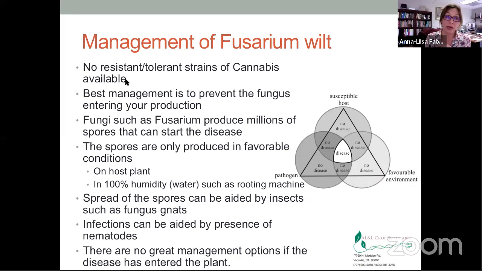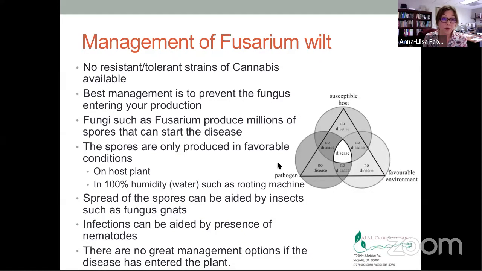But most of the time, when your plants get infected with Fusarium, all you can do is try to prolong the time the plant survives until flowering is done and your crop is harvested, since there are no resistant or tolerant strains of cannabis available for growers. So the best management, again, is to prevent the fungus from entering your production. And how do we prevent that?